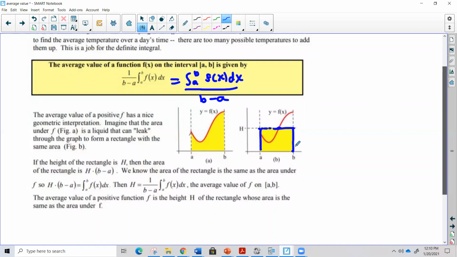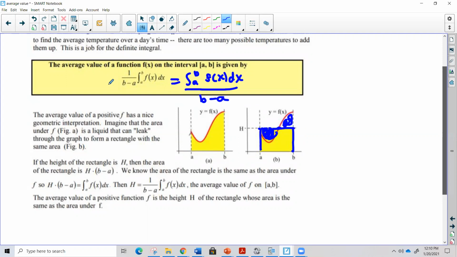So the area of this rectangle, which goes both above and below the curve, is the same as the area under the curve between a and b. And this area here is the same as the area above the rectangle.